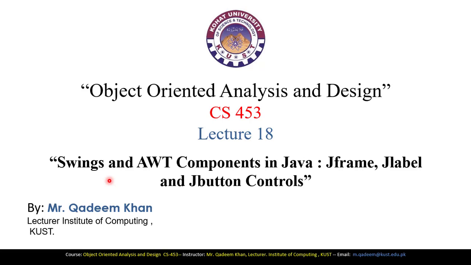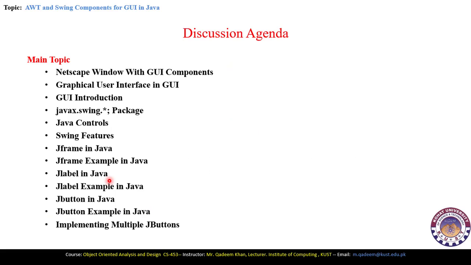Now we will provide you quick implementations in Java for different Swing and AWT components so that you gain programming practice with these components, and later we will switch to the different UML diagrams that we will create in technologies like Visual Paradigm or in Lunar Eclipse. So here we are discussing the Java concepts for the JFrame, JLabel and JButton controls.